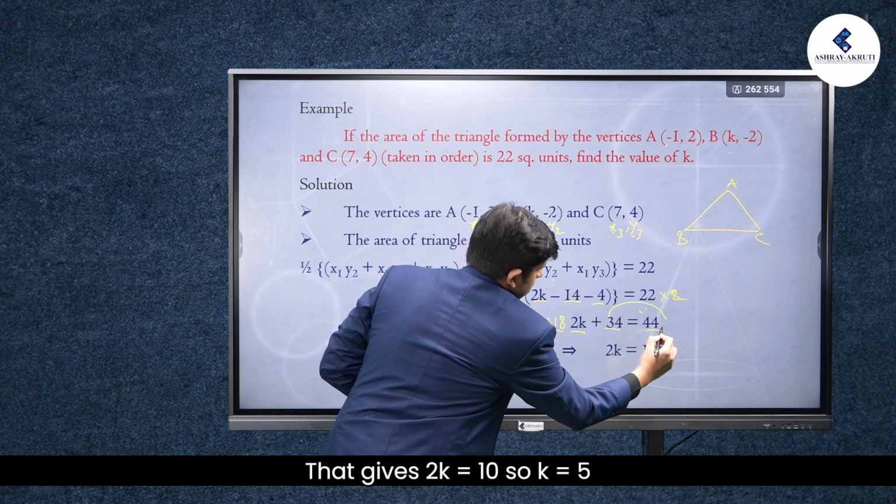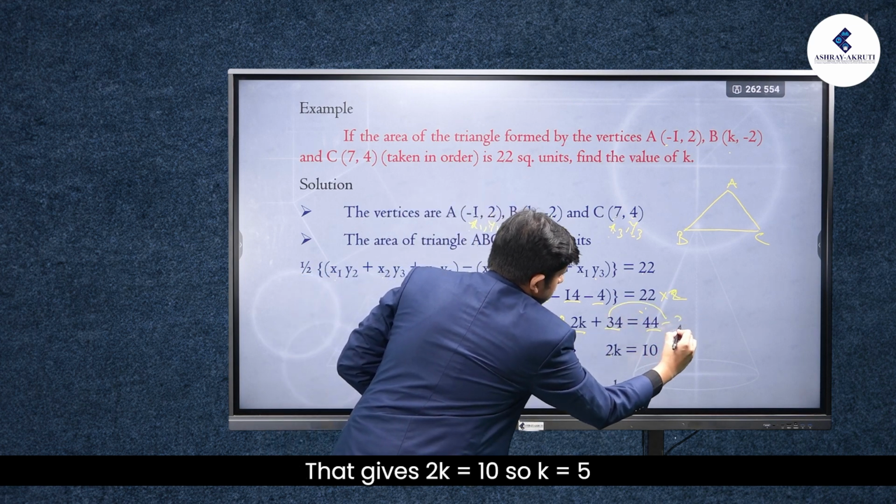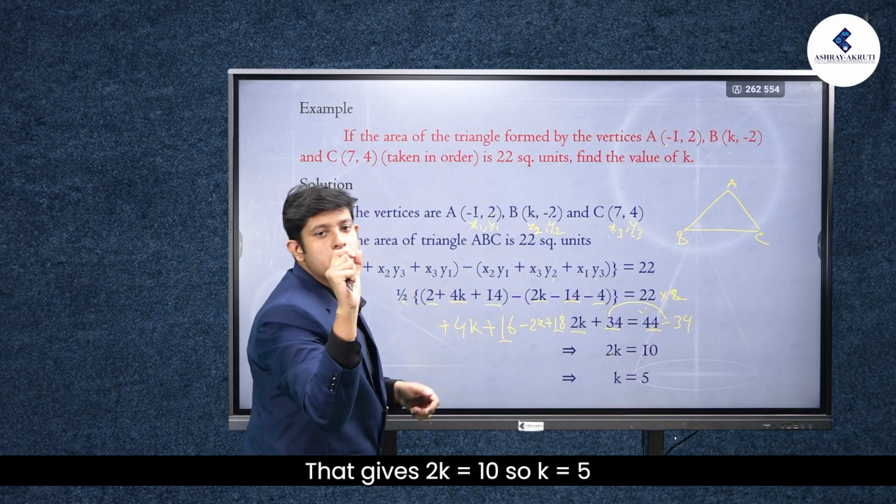That gives 2k is equal to 10, so k is equal to 5.